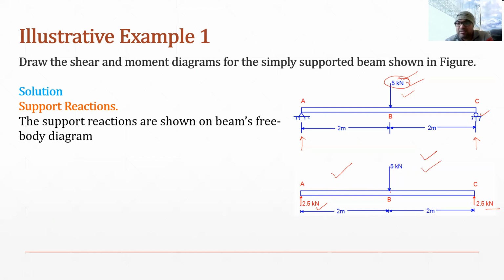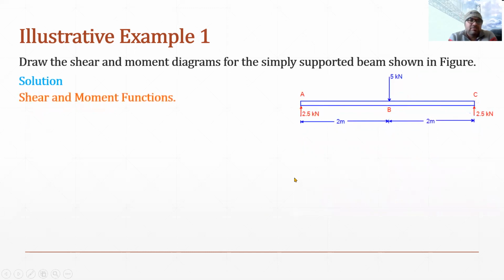Because there is a change in the load at point B. Between A and B, there are 2 point loads, one in the form of external load and one in the form of the reaction. Similarly, in segment BC, again there are 2 point loads, one external load and the other the reaction. So we have to make two segments.